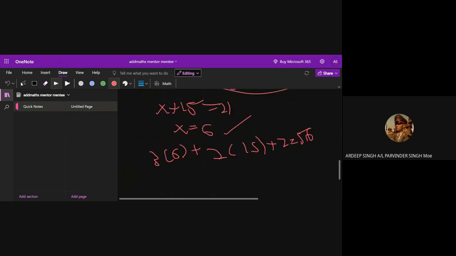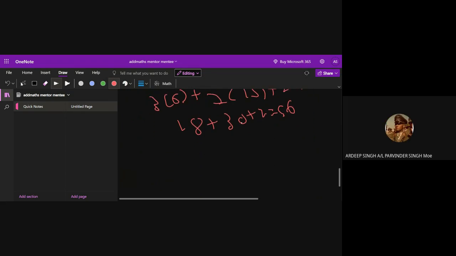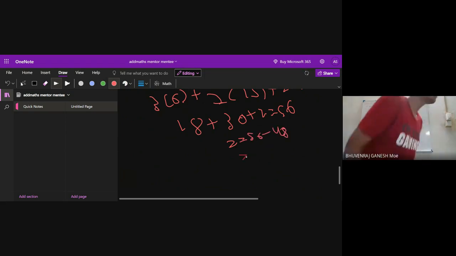So at last you get 18 plus 30 plus z equals to 56. So z equals to 56 minus 48, what do you get? Okay, get the answer.